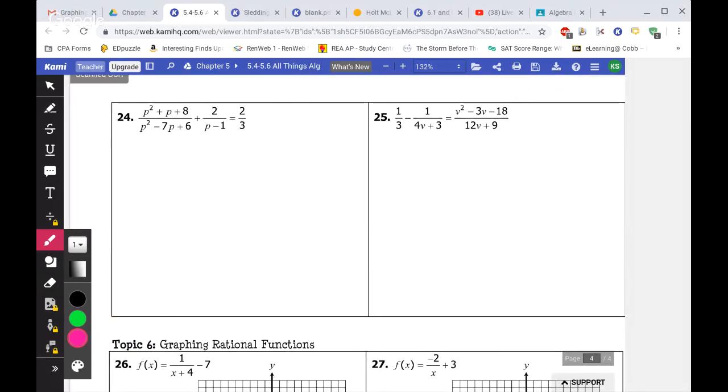Okay. So with these, you want to go ahead and factor the denominator, or factor all of them. Yeah, factor all the denominators. So p squared minus 7p plus 6 can be factored. Would be p minus 6, p minus 1.